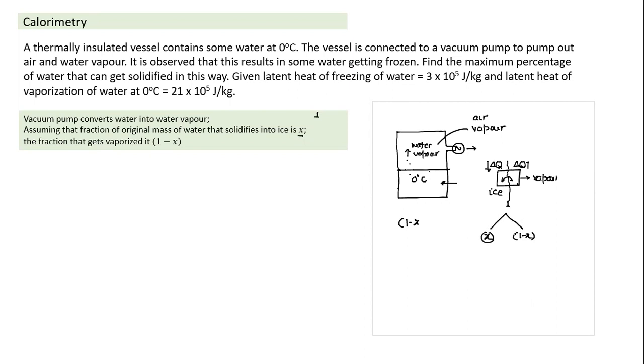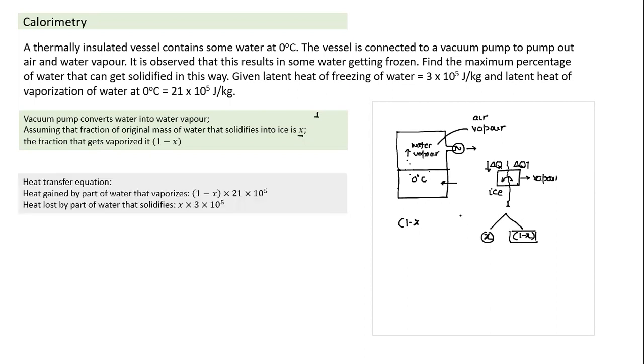This is within the same mass, we have created this kind of energy separation. And when we write the equation, what is the heat transfer equation? Heat gained by the part of water that vaporizes. So within this only, there's heat gain and heat loss. Heat is gained by the water which is vaporized, and 1 minus x is the part which is vaporized out of 1, and the latent heat of vaporization of water at 0 degree is given directly, so I multiply by the heat of vaporization.